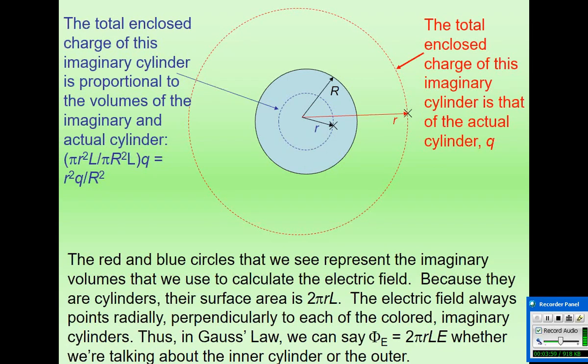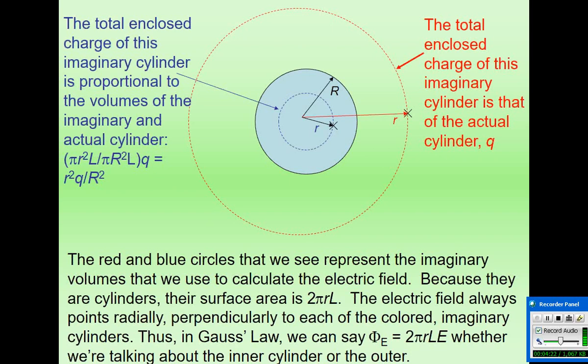It only encompasses a fraction of the charge. But we can use some geometric ratios to determine the fraction of charge that is enclosed. And the fraction of charge that is enclosed is based on the volume of our imaginary cylinder divided by the volume of the actual cylinder.